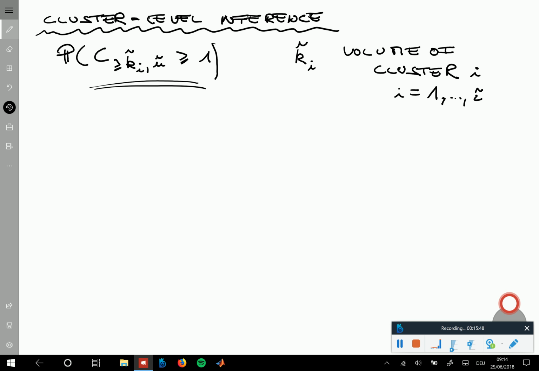So the question is, how is this evaluated? This is evaluated as follows, and this is again what you find in the 1996 Friston et al. paper. The probability of observing one or more clusters of the volume of this particular cluster you're interested in, at the cluster forming threshold, is 1 minus the probability that this is smaller than 1.